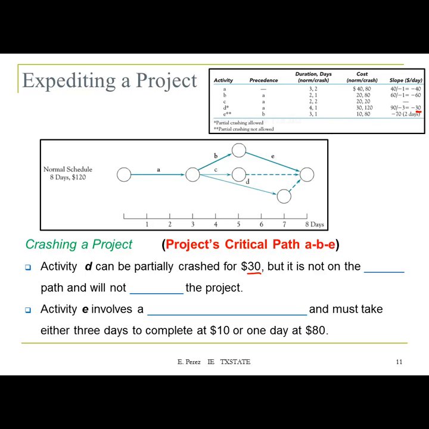So that's this information, but it's not on the critical path and will not shorten the project. So even though it's the least expensive one based on this slope of the cost per day, since it is not on the critical path, we are not going to use that one.